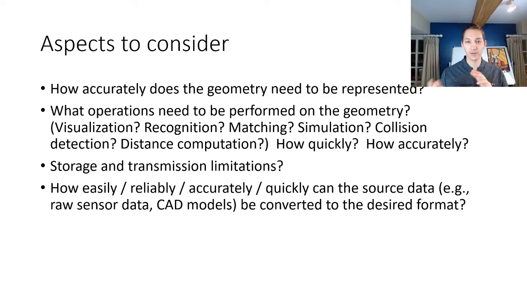If you're going to be doing a lot of conversions, you typically are going to have worse performance. So if we can work directly with the data that we have, it's probably going to be much more efficient. This is why point clouds are a very popular representation in robotics.